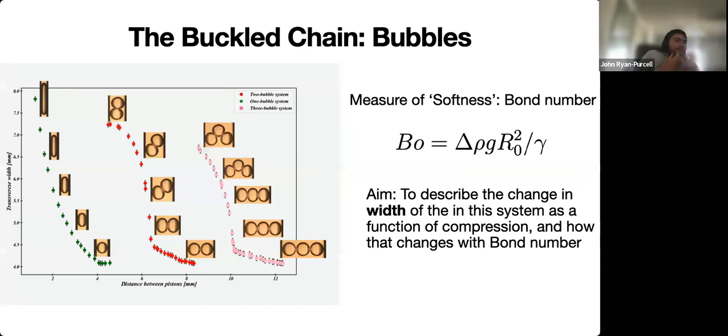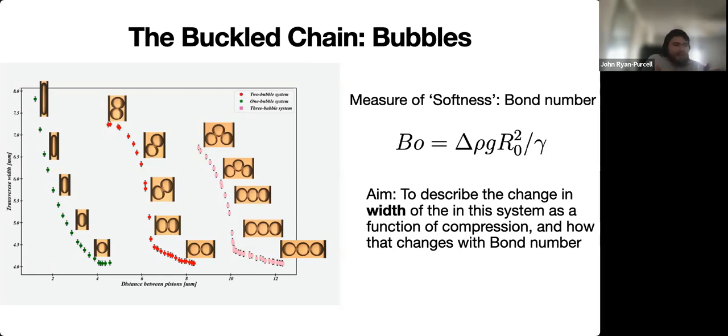So stripping it right down to look at the soft spheres in the simplest possible system, we have a quick look at bubbles held between two plates, again in this confining potential under compression. With the soft system, with a one bubble system, you can see as you compress the system together, these bubbles, in order to conserve their volume, squeeze out.